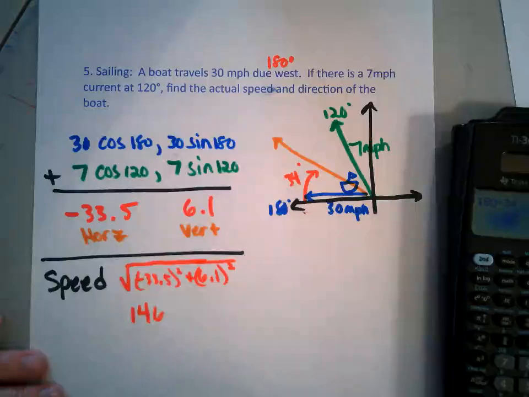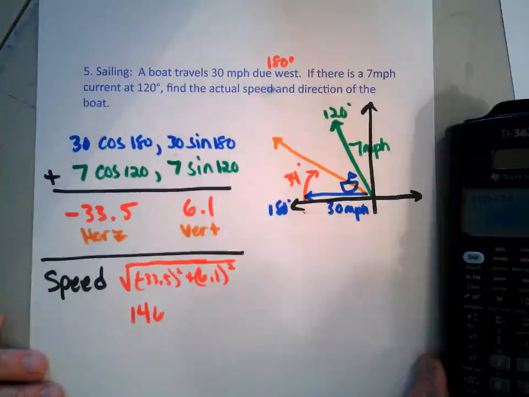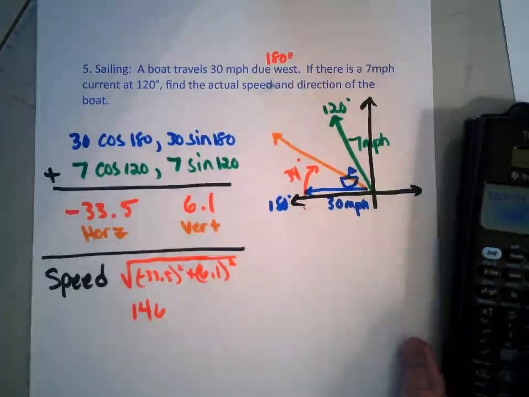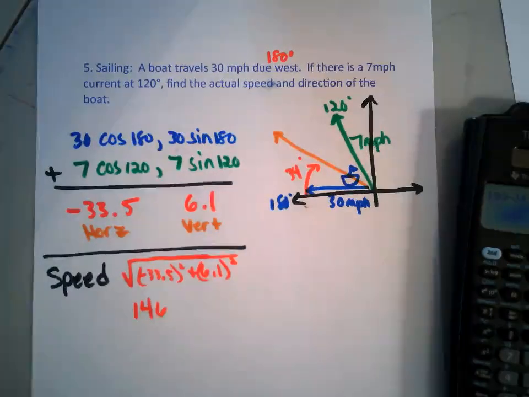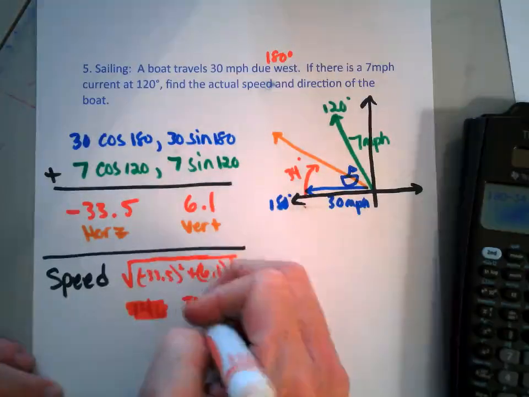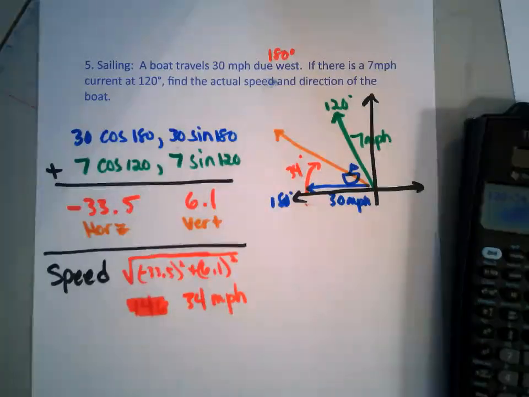Oh, nope, sorry. I was calculating direction. So whatever we got from that was correct: 34 miles per hour. I jumped the gun and moved on to direction.